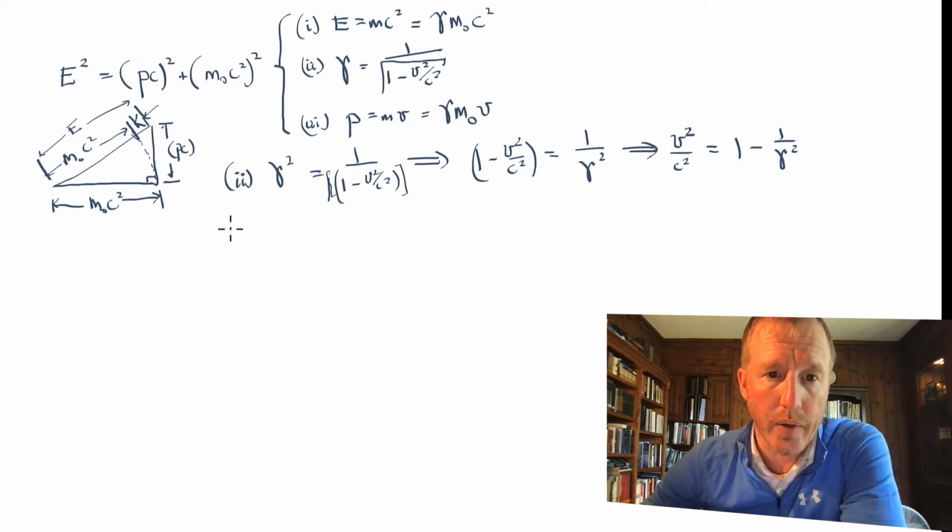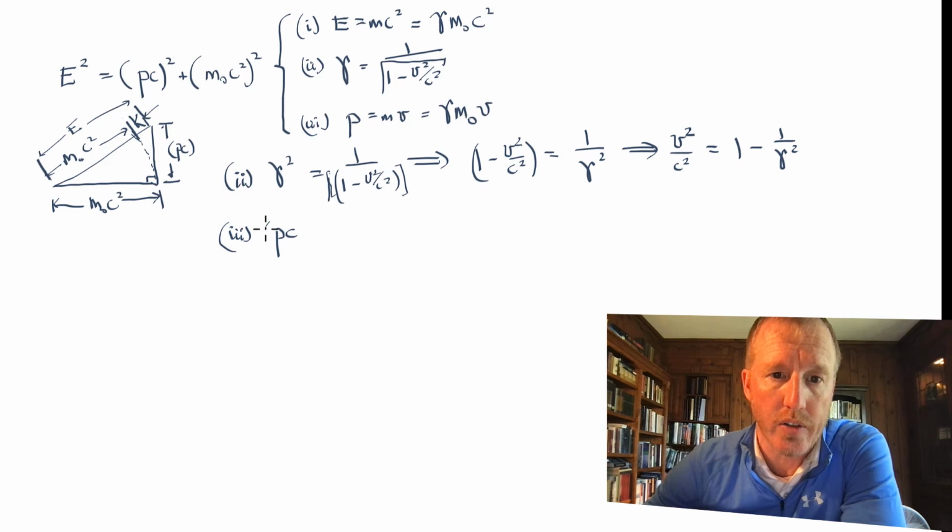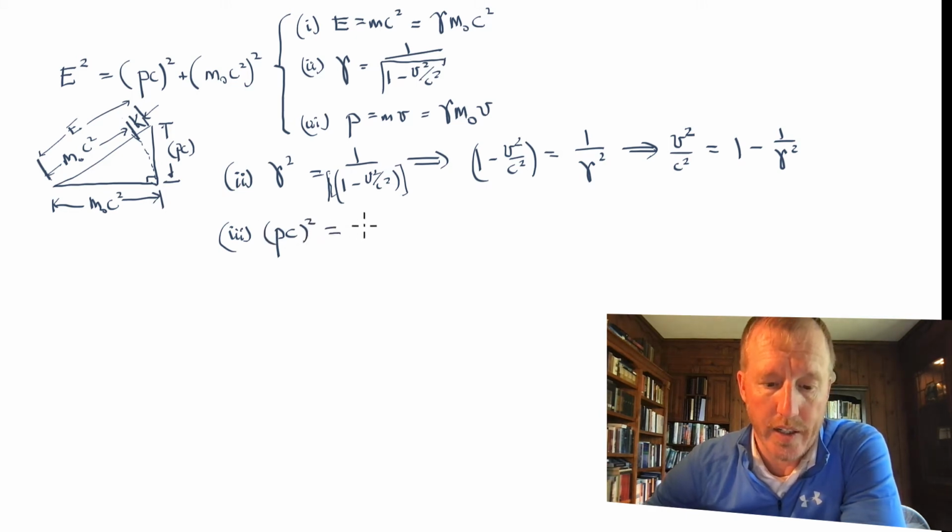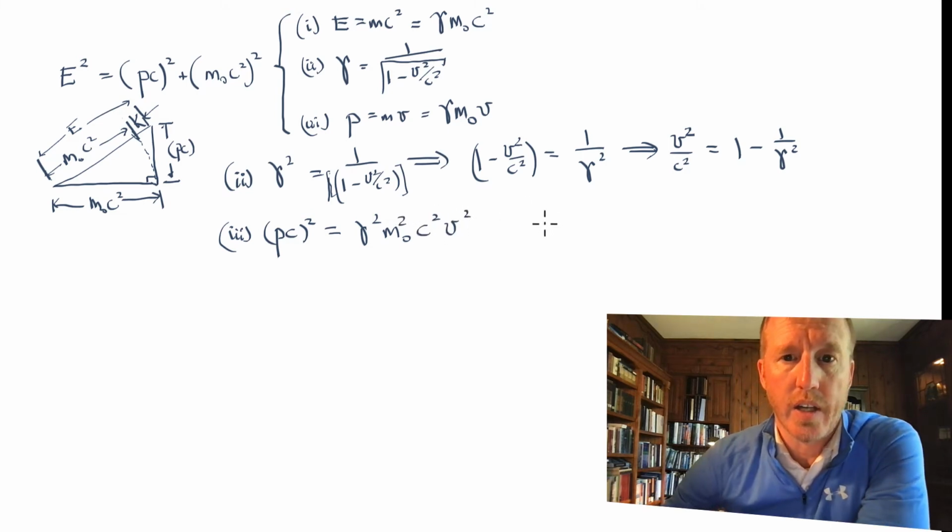All right, now we're going to use equation 3. The first thing we're going to do is multiply both sides by c and then square both sides. So on the left side, we'll have p times c squared. On the right-hand side, we'll have gamma squared m naught squared c squared v squared, like this.